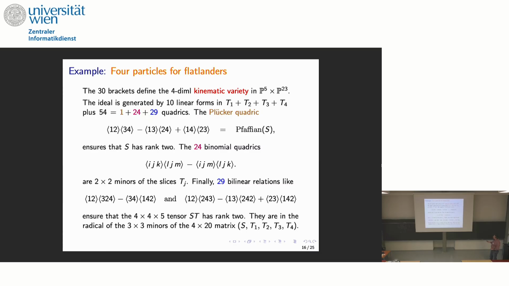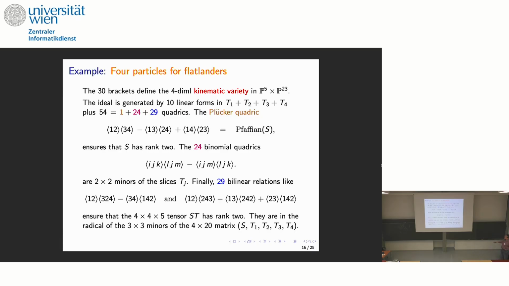So the one in brown is the Plucker relation, also known as the Schouten identity, and this will come up in pretty much every talk this week. Now then there are 24 binomial quadrics, like this. They are the 2 by 2 minors of the slices Tj, and then most interesting, there are 29 bilinear relations that link the second order and third order spinor bracket, and this generates the prime ideal.